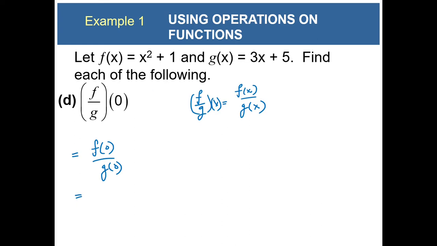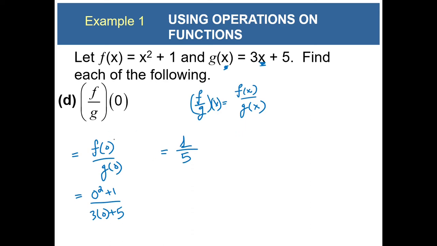We'll plug in a 0 into f, and that gives us 0 squared plus 1 divided by, we'll plug in a 0 for g, and that gives us 3 times 0 plus 5. We'll simplify the numerator. 0 squared plus 1 is just 1. And in the denominator, 3 times 0 plus 5 is 5.